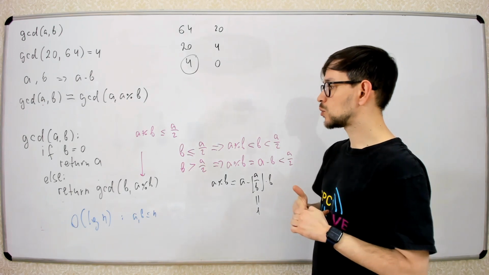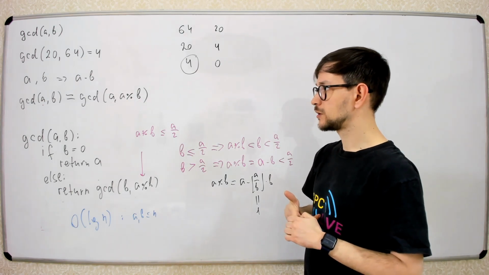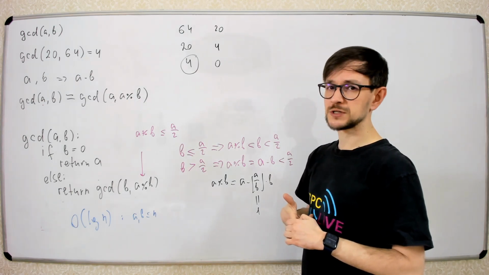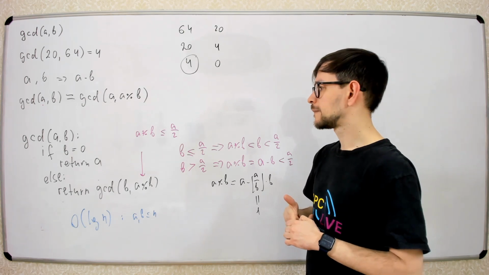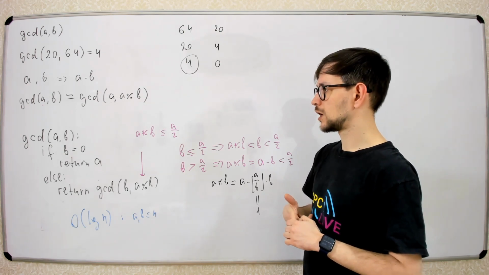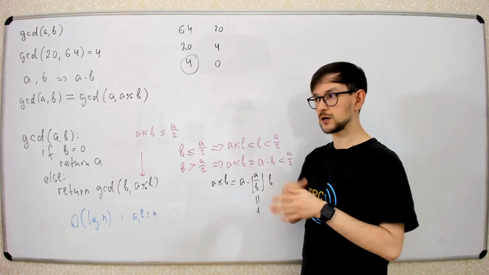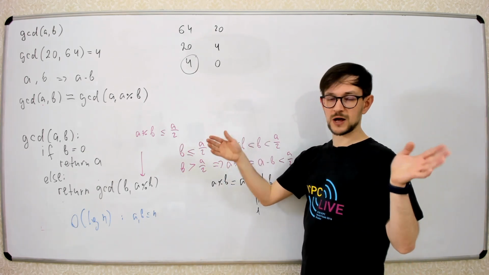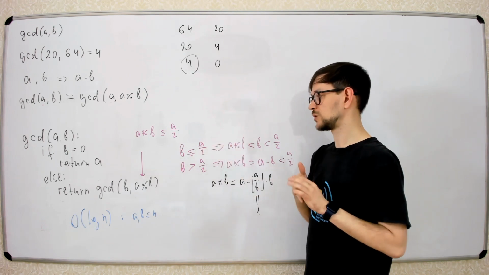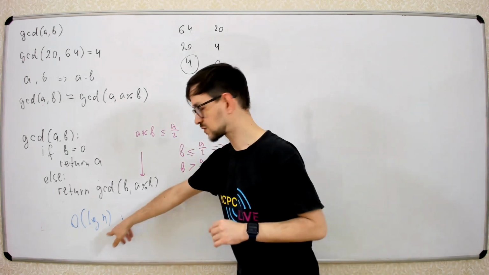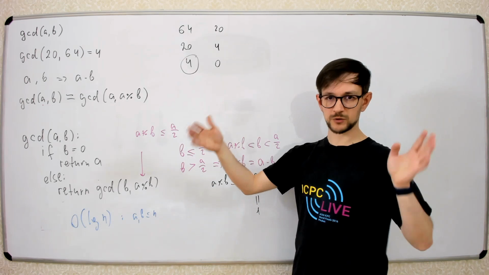Number theory is mostly used in something like cryptography. In cryptography algorithms, they use very large numbers, like, I don't know, 500-bit numbers. So this logarithm is actually not small. The length of a number can be up to 1,000.